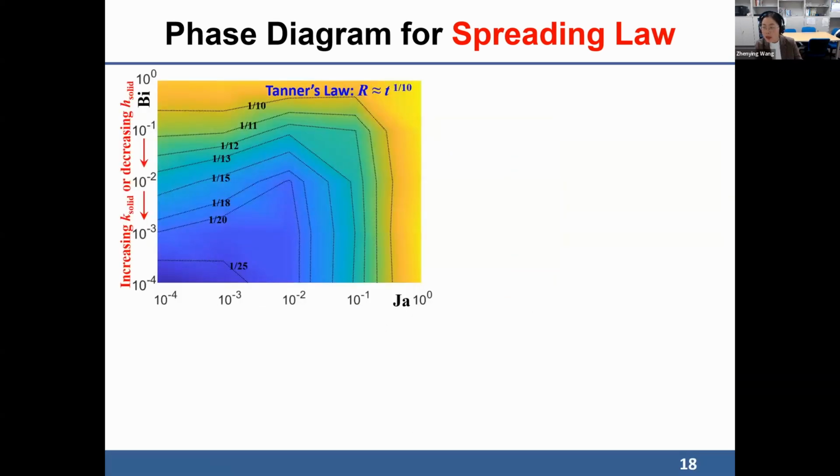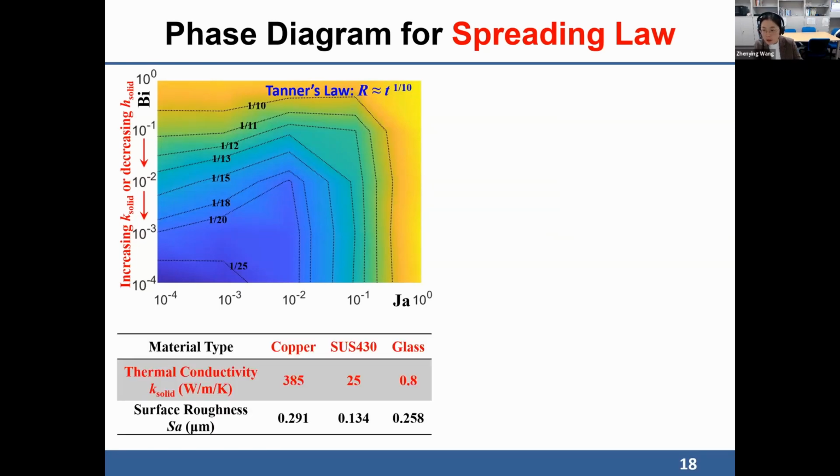Additionally, we did some experimental verifications of this numerical result of the spreading rate. We tested three different types of substrate: copper, stainless steel, and glass.